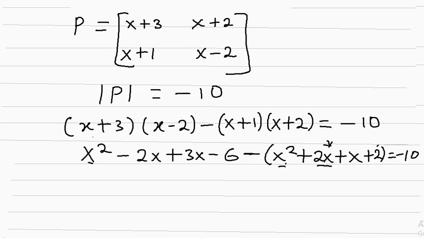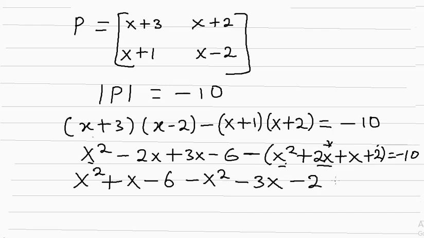Or better still, for it to be clear, let me open the brackets. This right here is plus x minus 6. Opening the bracket, I'm going to have minus x squared, minus 3x, then minus 2, equal to minus 10.